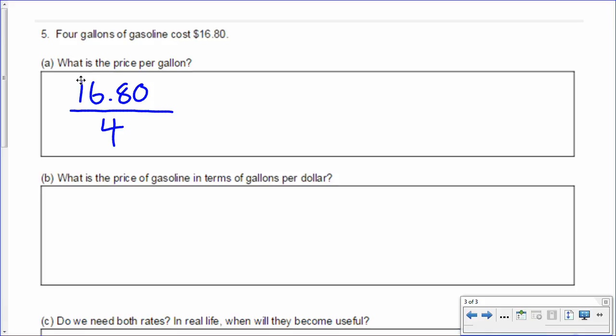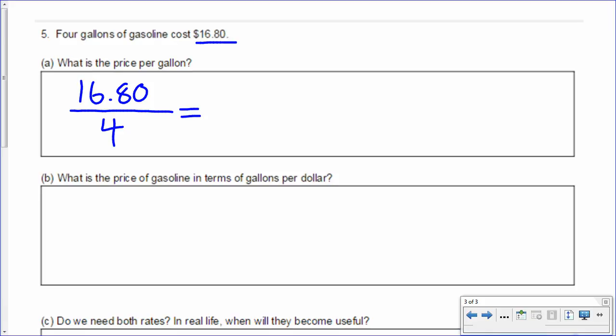If we just want to find out what 1 gallon of gas costs, all we have to do is divide 16.80 by 4. We got 4 gallons, we paid $16.80 for it, so certainly 1 gallon must cost something.